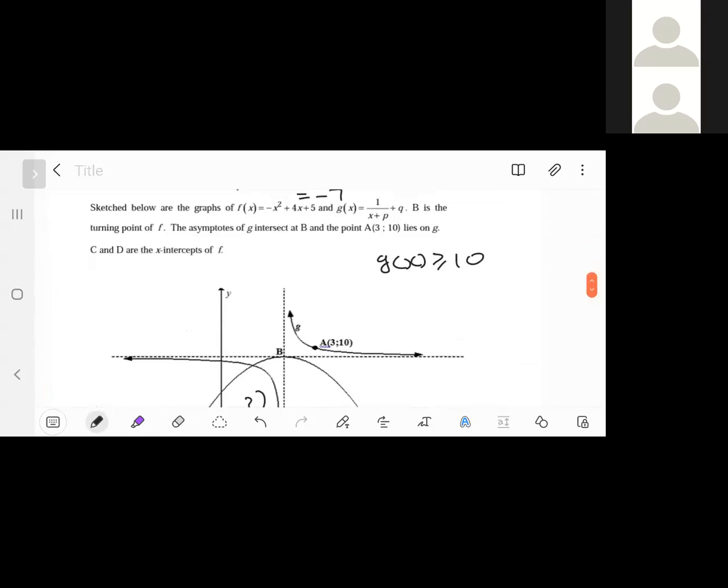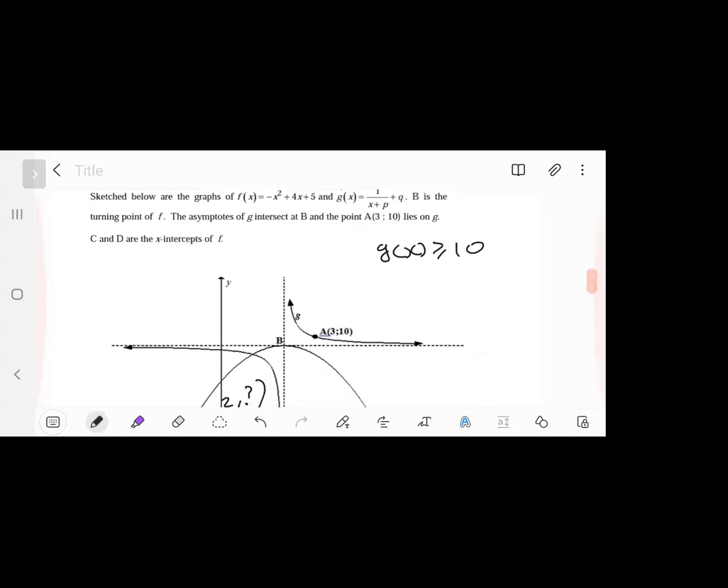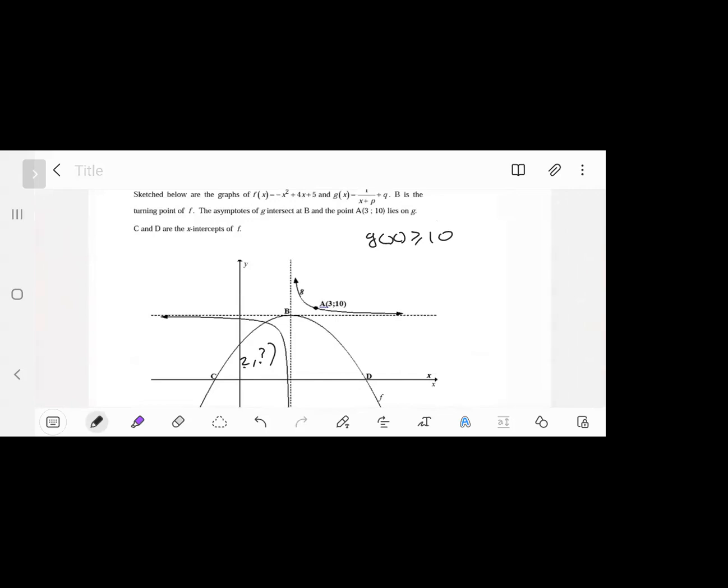Can you try to answer this? For which values? x is smaller than or equal to 3.